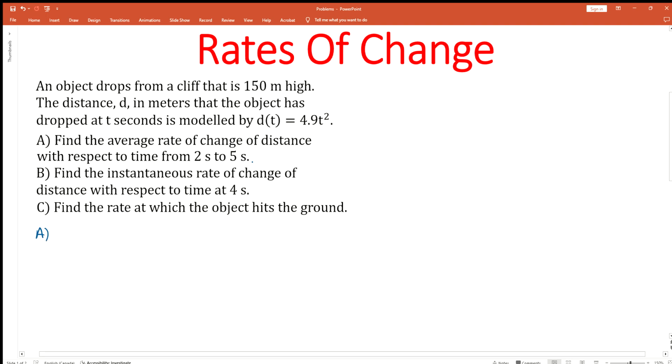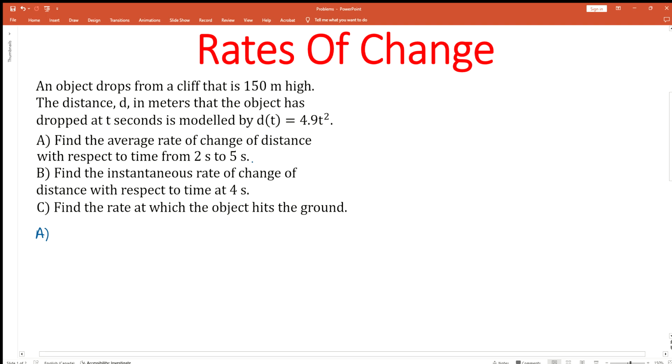Average rate of change represents the slope of the secant line that joins 2 points on a function. This is a very important concept we need to understand and memorize. In this case, we have to find the average rate of change from 2 seconds to 5 seconds. We can use the slope formula to calculate the average rate of change using the given function d(t).